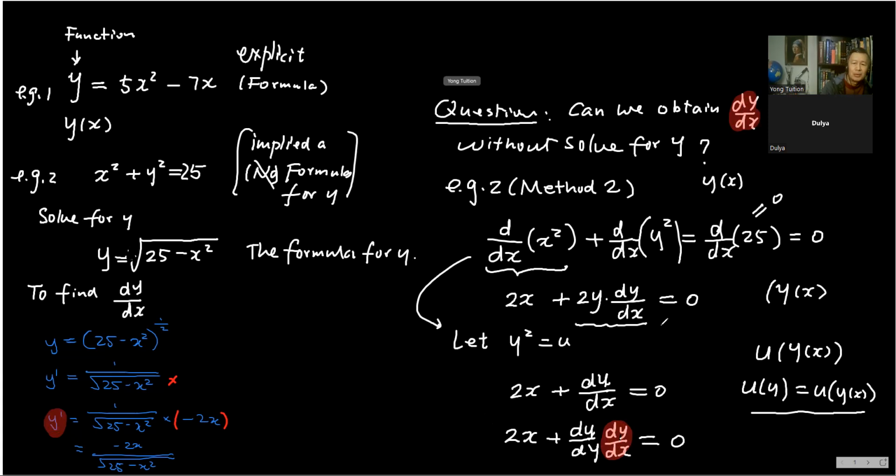You can also get the result from here, but we just try from here. Then we put this on the other side. We know that du/dy is 2y. We got 2y dy/dx equal to negative 2x.